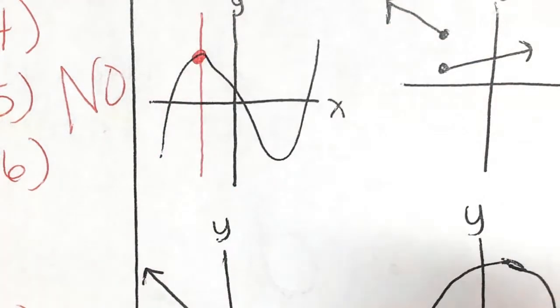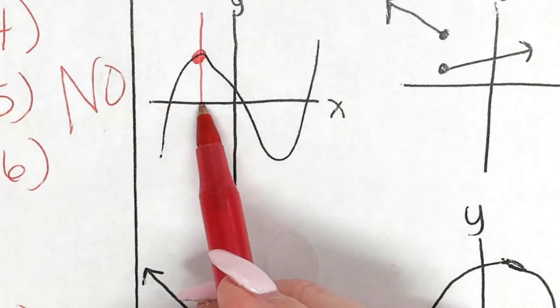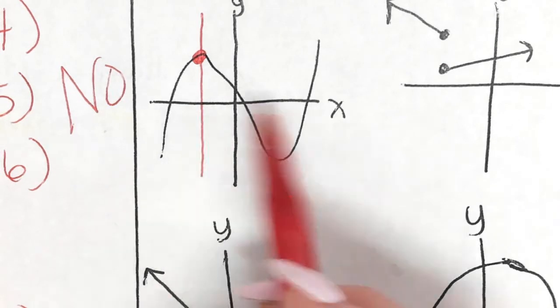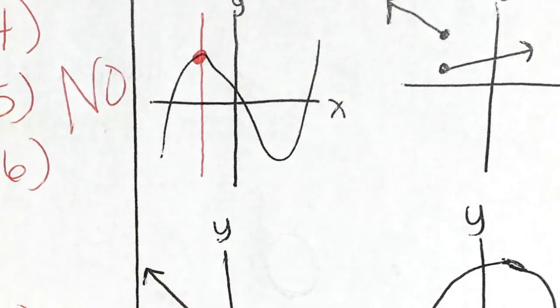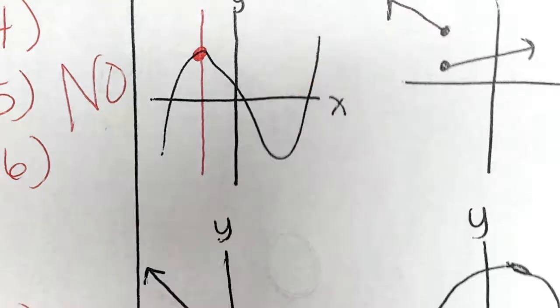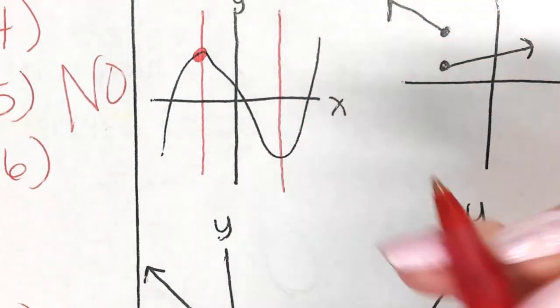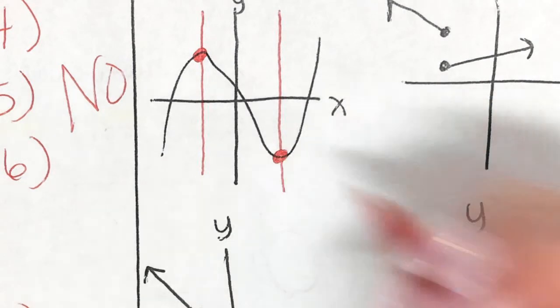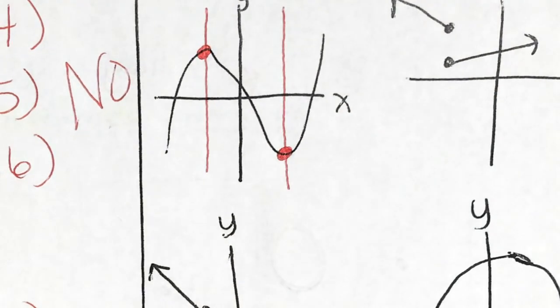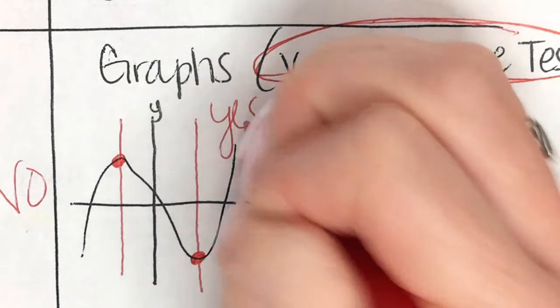I had a student say, but Ms. Castro, it touched right here. Who can tell me why that's not touching? That's the x-axis. That's not the picture. Does that make sense? If I draw another vertical line, how many times did it touch the picture? So that means it is a function. So my answer to the first graph would be yes, it's a function.